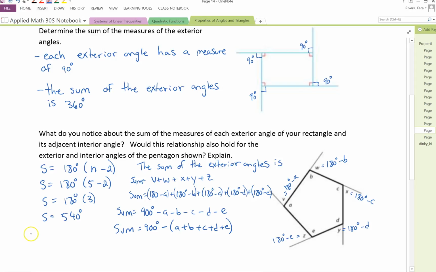Well, over here, we said that the sum of the interior angles, A plus B plus C plus D plus E, is equal to 540 degrees.